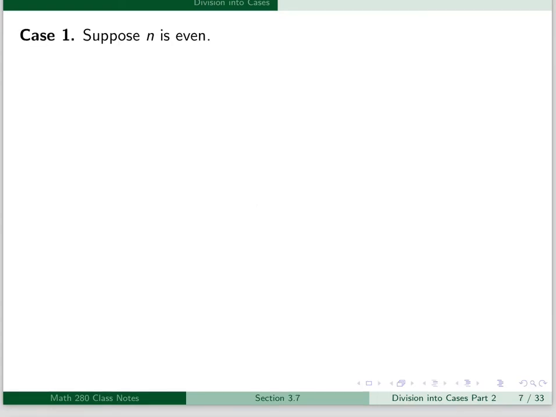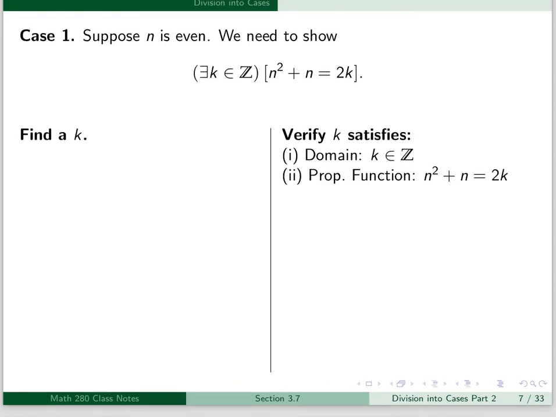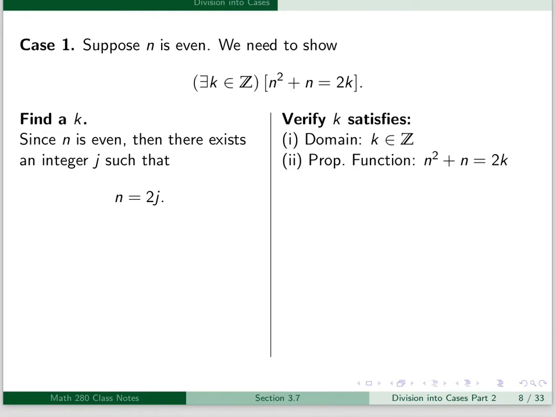So we'll get started on case 1. Our hypothesis in case 1 is we'll suppose that n is even. We need to show there exists an integer k such that n squared plus n is equal to 2k. Setting up our two columns, we can now use our hypothesis that n is even to conclude that there exists an integer j such that n is equal to 2j.